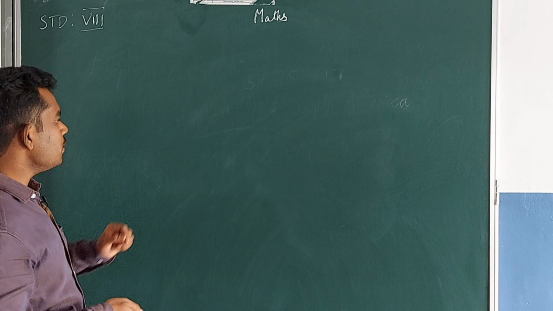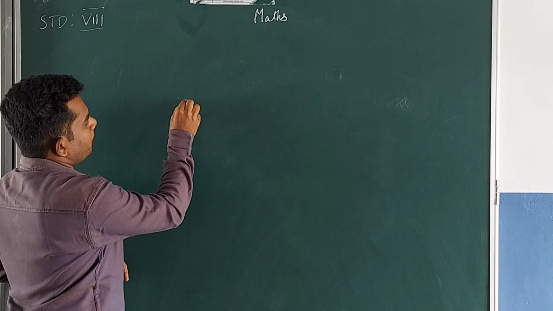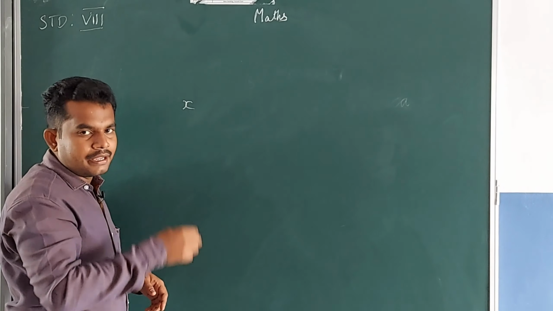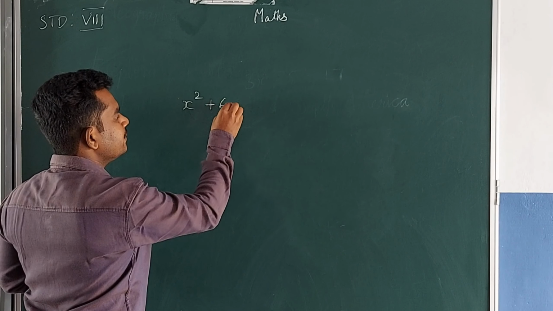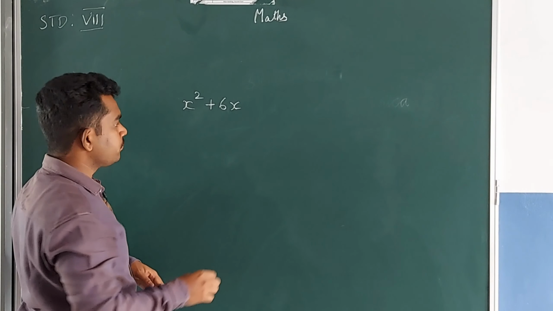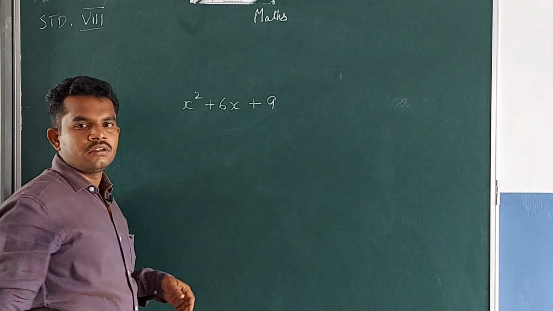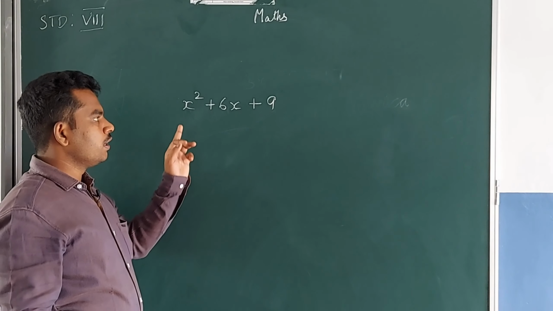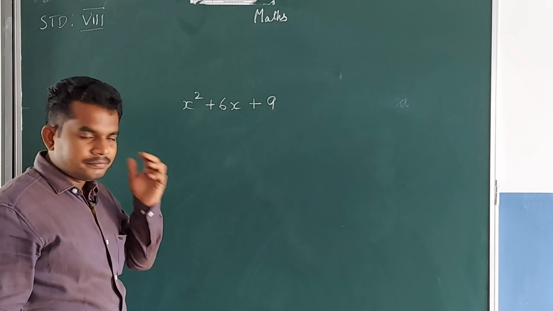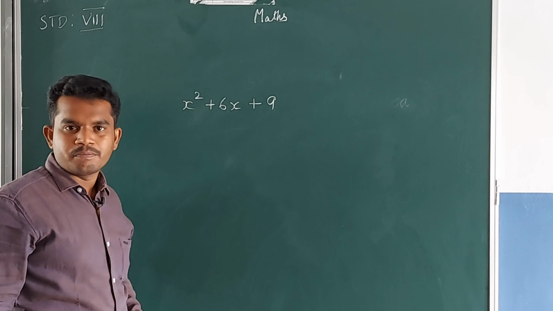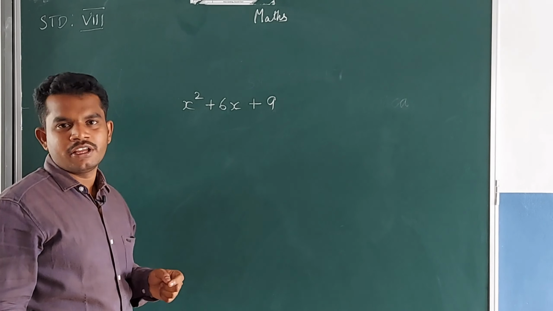First, I write the quadratic polynomial x square plus 6x plus 9. Here 9 is a square number, so you use the identity method.